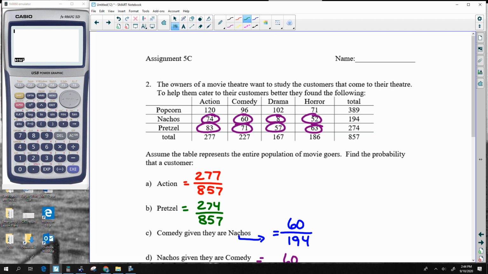So what's not drama? This. So what's not popcorn and not drama? It's where the things intersect, and that would be the 74, the 83, the 60, the 71, the 52, and the 63.